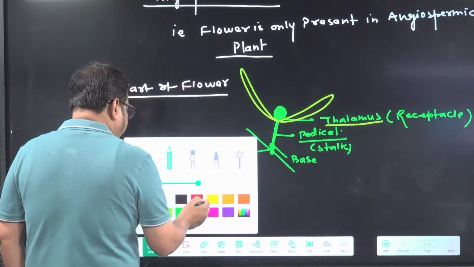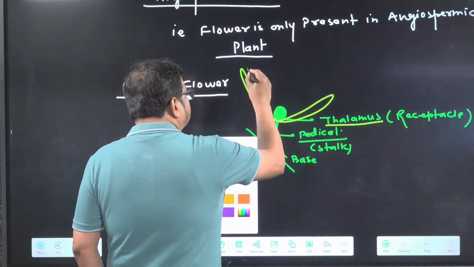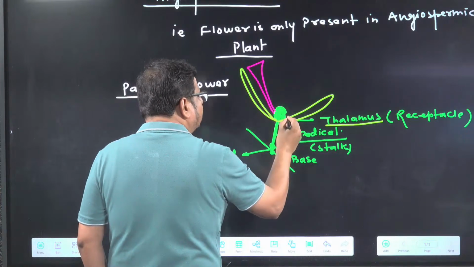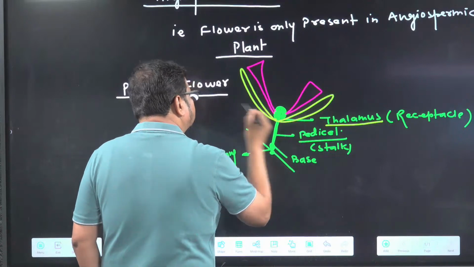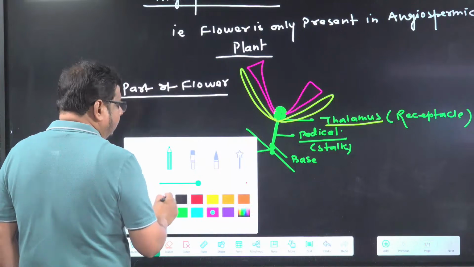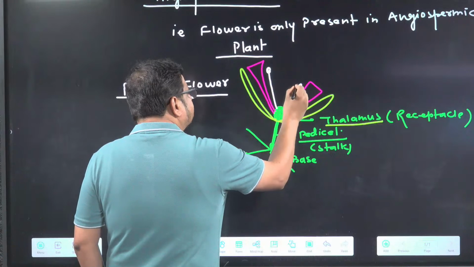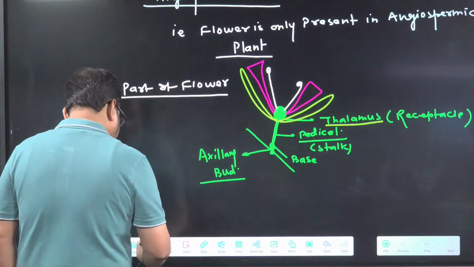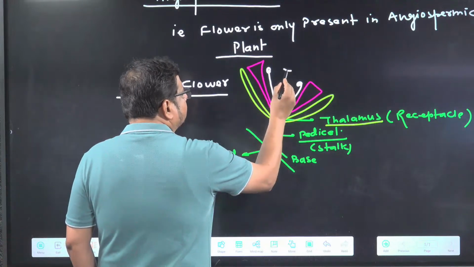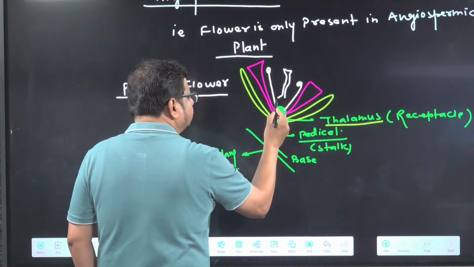Inner side of the calyx, there is another floral whorl which will arise. This one is corolla. Then inner side of the corolla, there is another floral whorl, that is androecium, and in the center, innermost, gynoecium is there.